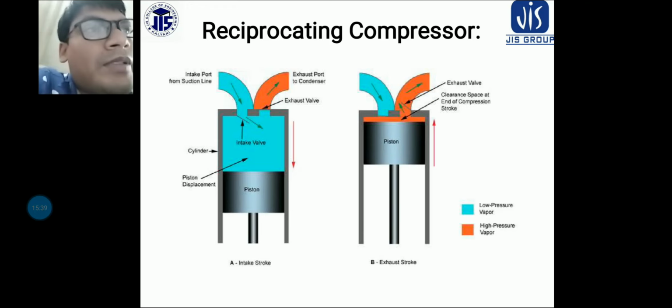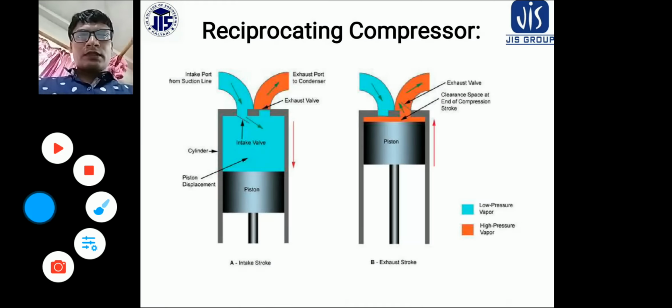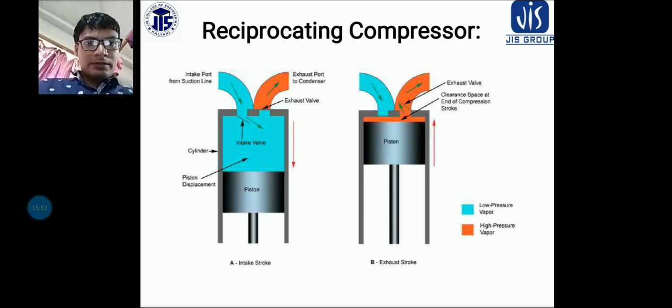What are the types of compressor, and what are the different working principles of the compressor, I hope that is clear. In this figure we have seen the intake stroke and exhaust stroke, both shown here. In the intake stroke, the piston is moving from TDC to BDC, that is top dead center to bottom dead center, and the intake port of the suction line, that valve, is also open.